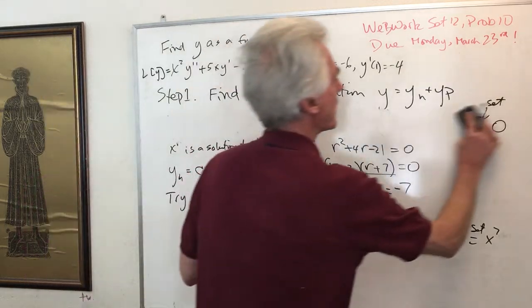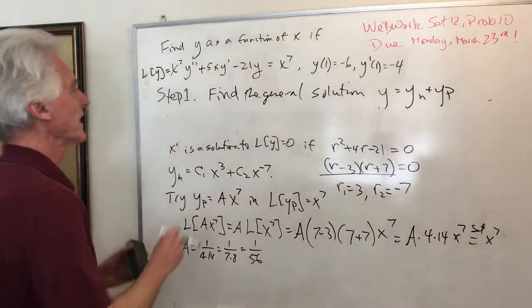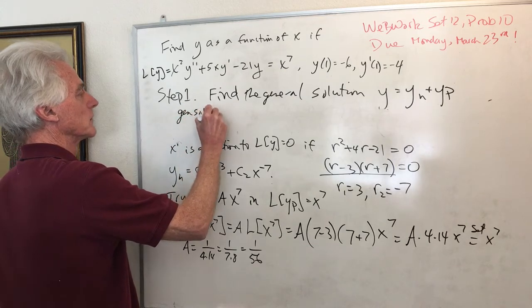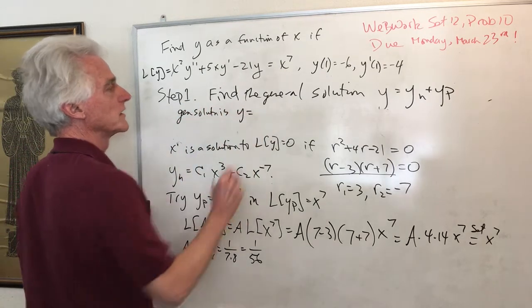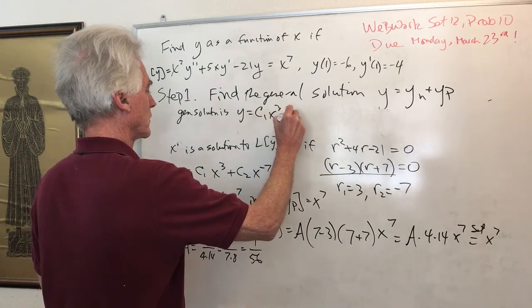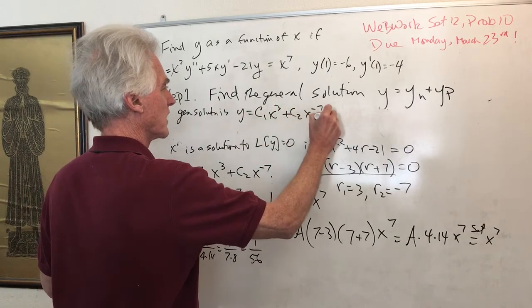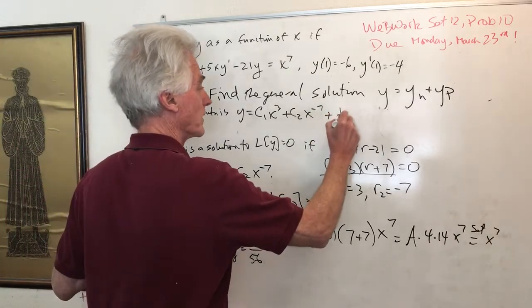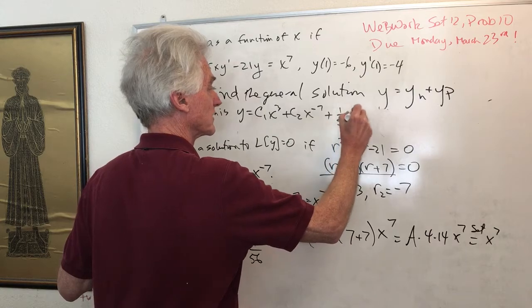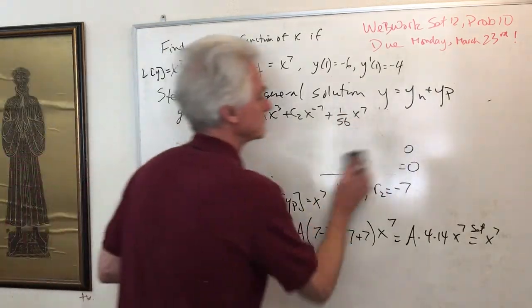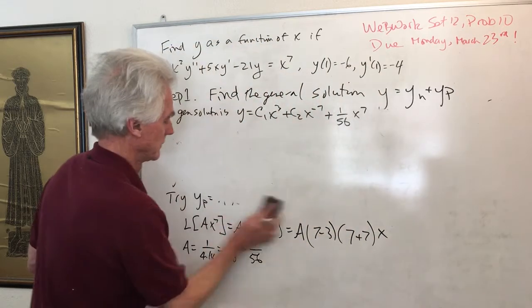We found yp plus yh. So the general solution is yh, c1 x cubed plus c2 x to the minus 7, plus yp, which is plus 1 over 56 x to the 7th. Right? And we're done with step 1.